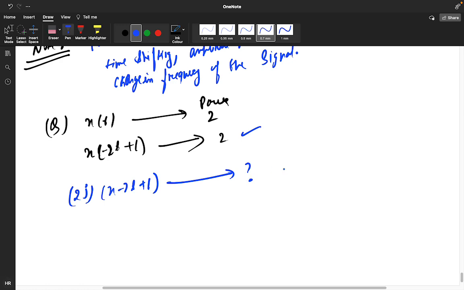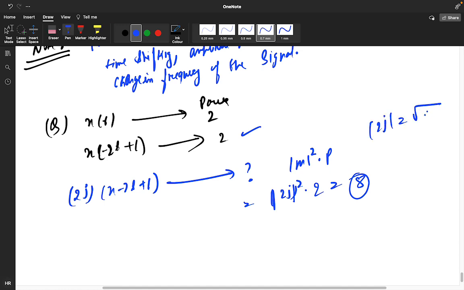It is mod of the multiplier, whole square, into the initial power. So 2j mod is root under 4, which is 2. The square of 2 is 4, and 4 into 2 is 8.